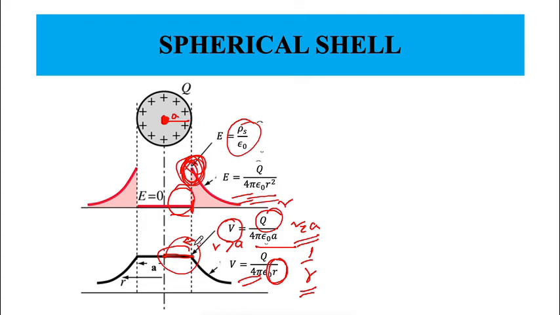Now why would the potential be continuous, and why is the potential not going to 0 inside the cell? If you recall the definition of potential, it was the energy required to move a charge from one point to another.